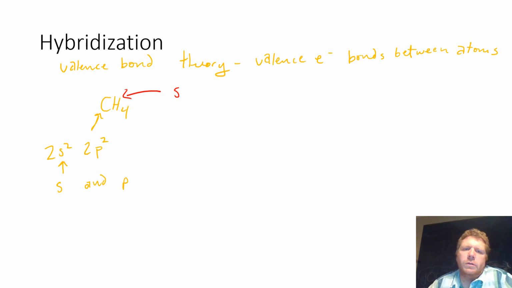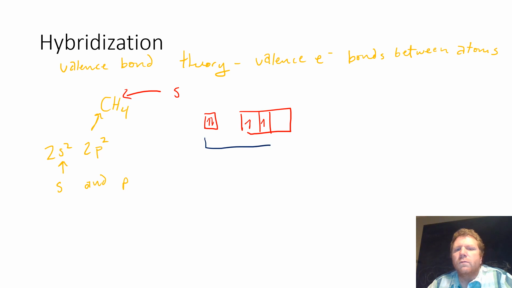The way that we do that is if we look at an orbital diagram of carbon, we've got a valence that looks like this. What we need to do is take these 4 orbitals and combine them with one another.